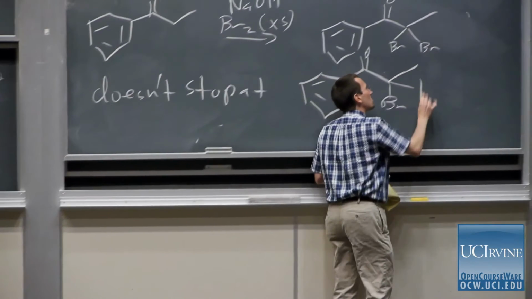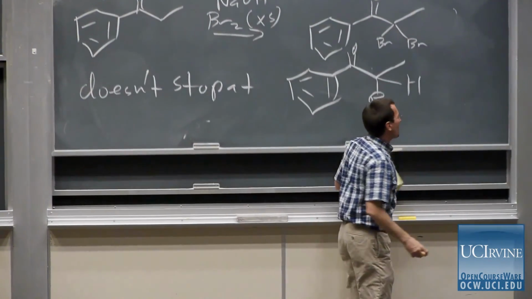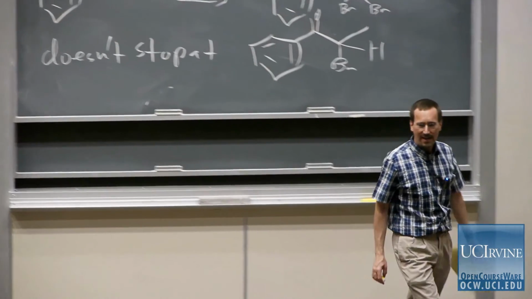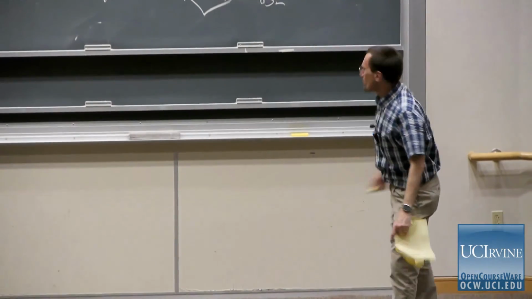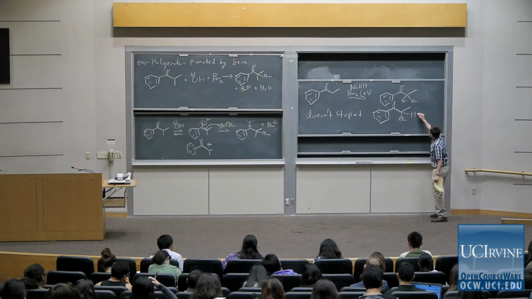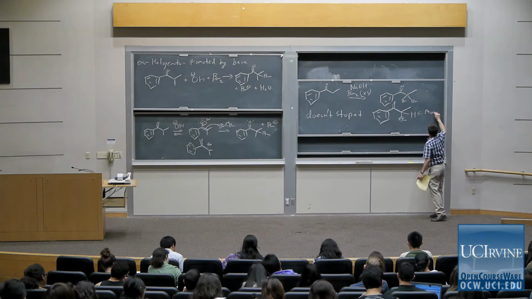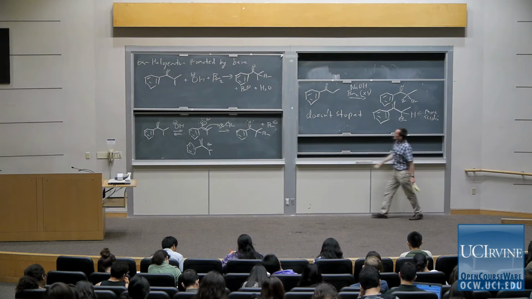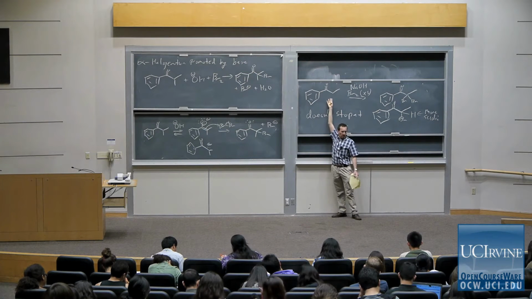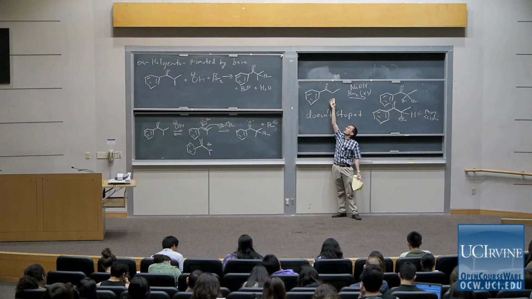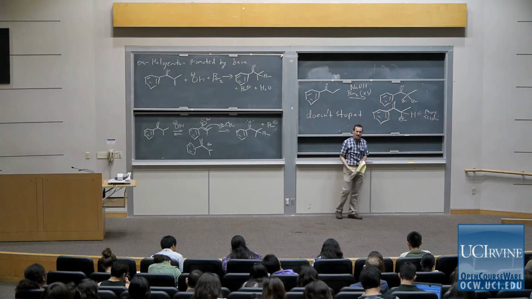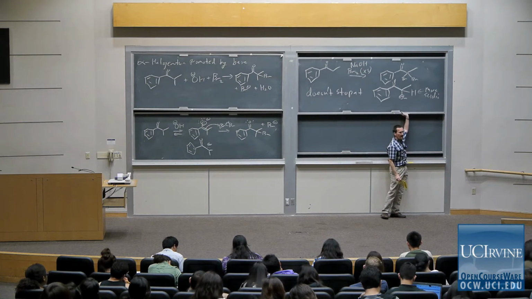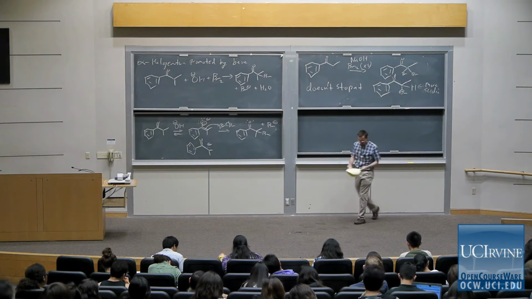The problem is bromine's electron withdrawing, and so once you put one bromine on there, once that enolate has reacted once, and we get a bromine on there, now this proton's more acidic. And so you get this competition. Partway through the reaction, you've got this molecule with 2 protons that are less acidic, and then the molecule with the bromine next to the proton, making it more acidic.